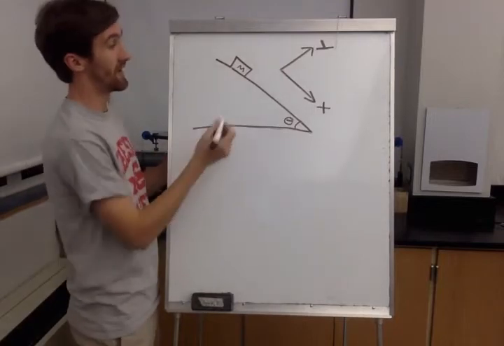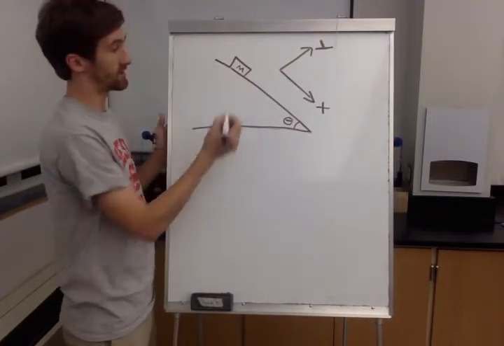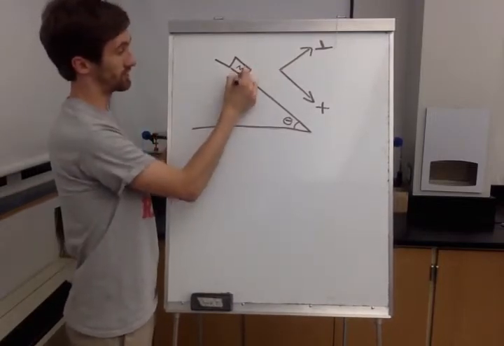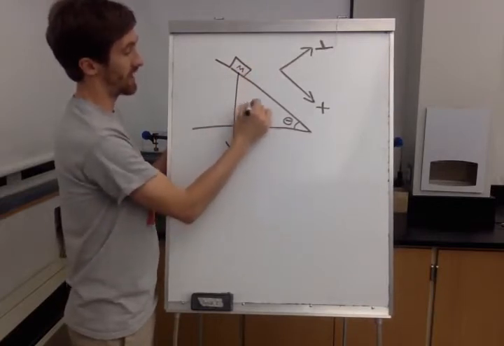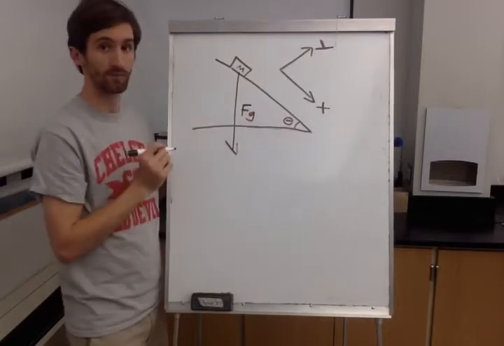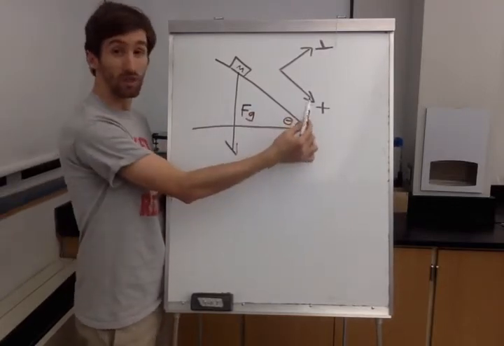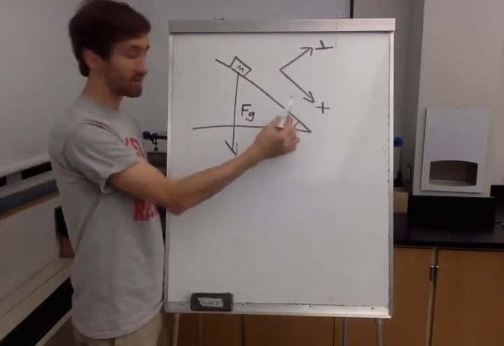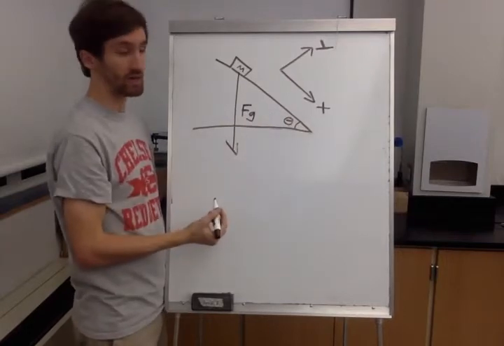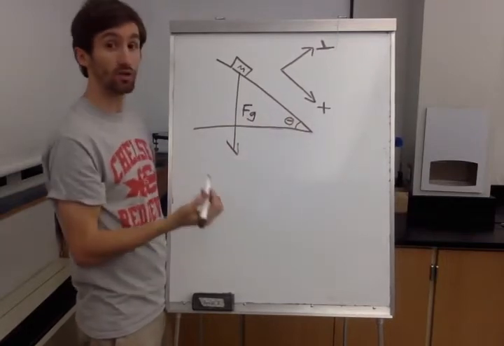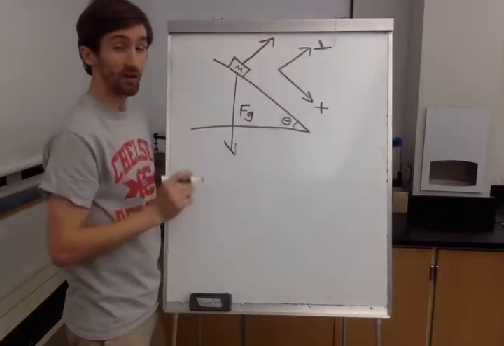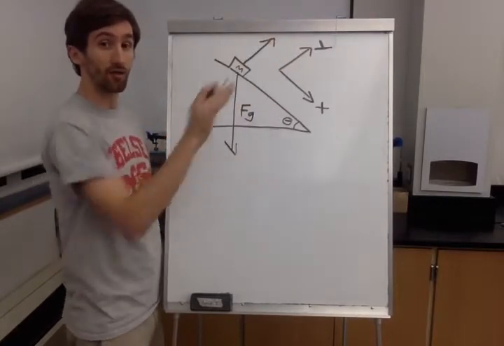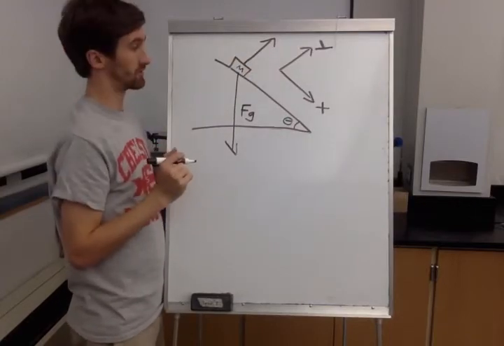So now we're going to draw our free body diagram. I'm going to show my forces right here on the board. I've got force of gravity. Now, even though we have turned our axis, gravity still goes straight down. And normal force always comes straight out of the surface, perpendicular to the surface.